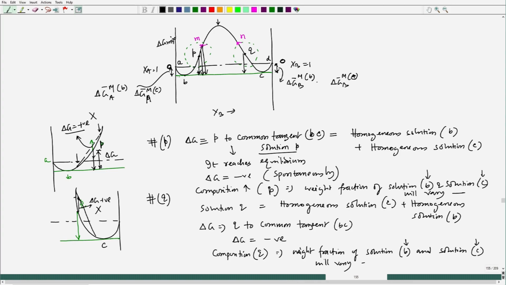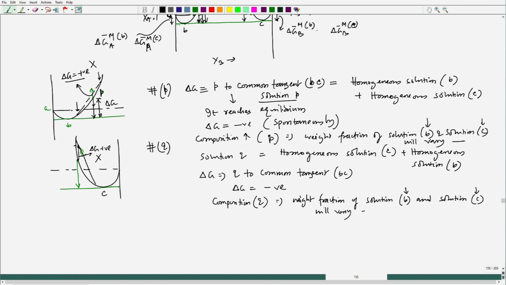Those are important aspects, and let us see if I can explain from the free energy point of view or the molar partial quantity point of view. Now, we know that for equilibrium to establish between two solutions, here remember we are actually making two phases.